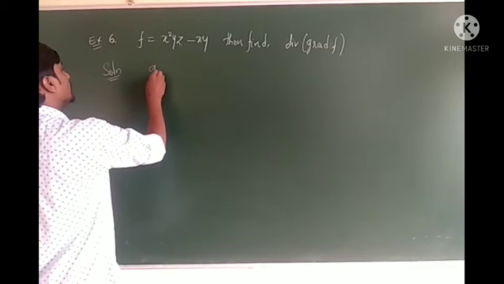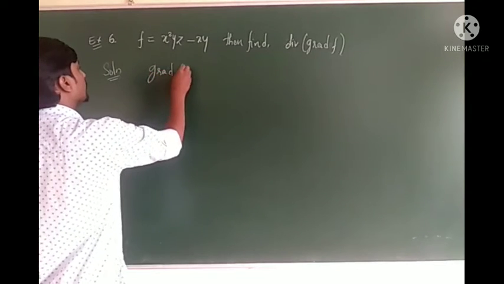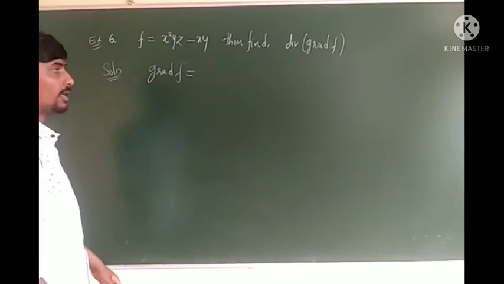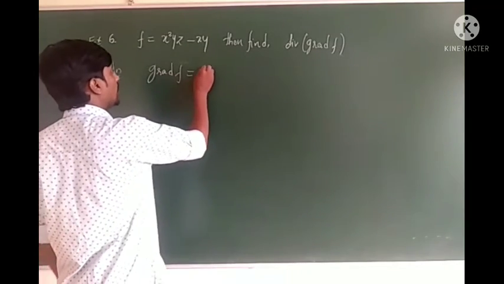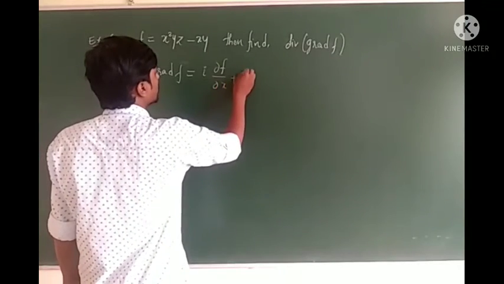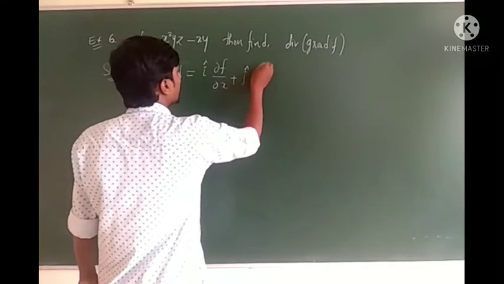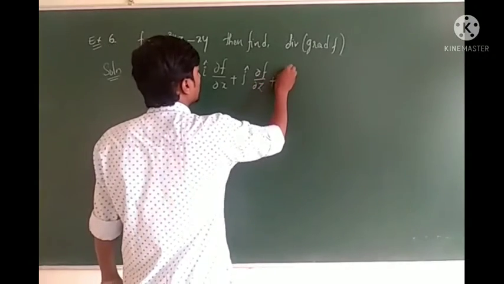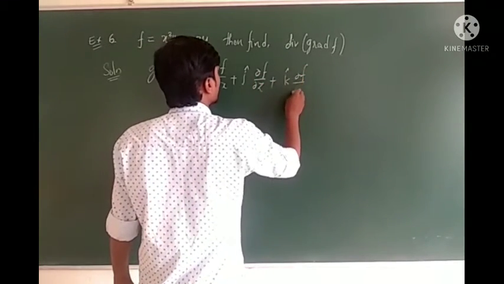So we have the gradient of f, sorry, it is not a vector, it is a scalar. It is given by i into dou f by dou x plus j into dou f by dou y plus k into dou f by dou z.